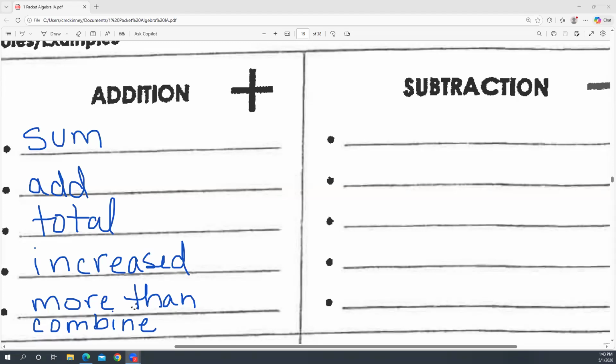I want to let you know that for addition, you could change the order. So if I said a number, the sum of a number and 7, so like x plus 7, or I could say 7 plus x, right? That means the same thing.